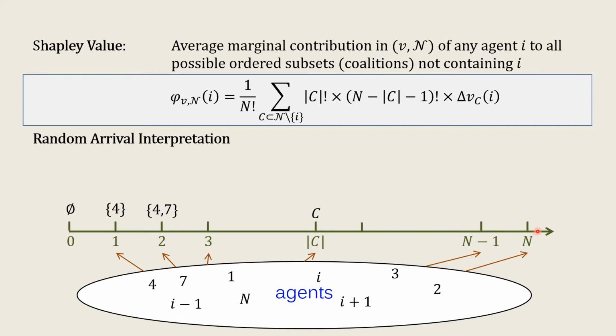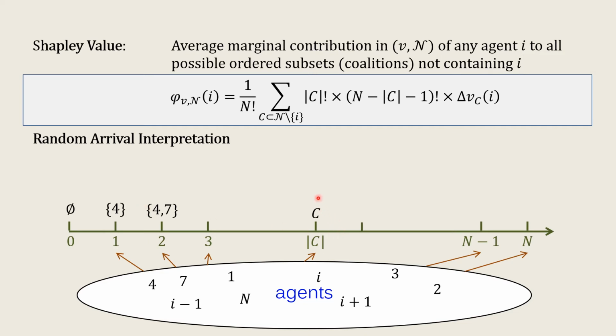So we see that at every time instance, the size of the coalition increases by 1. Here, at time t equals 0, the size of the coalition is 0. Then at time instance 1, the size of the coalition is 1. Here at time instance 2, the size of the coalition is 2.